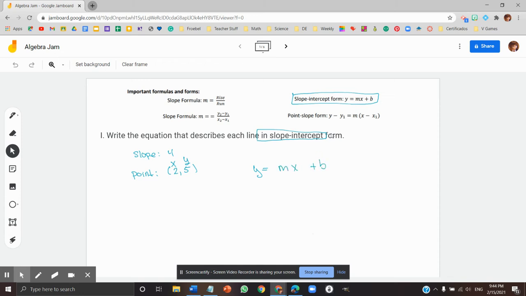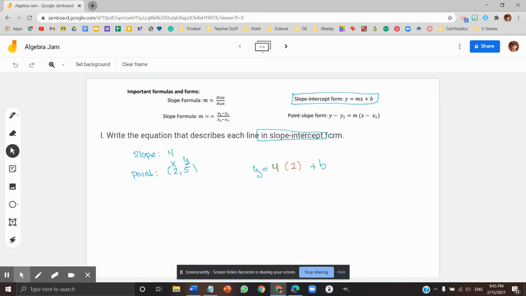What do I have? Well, I do have the slope, that is 4. I have x, and x is 2.